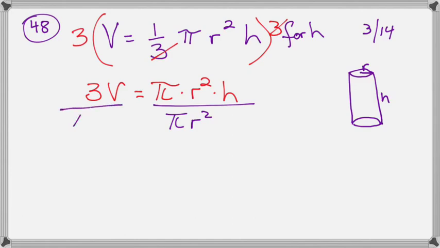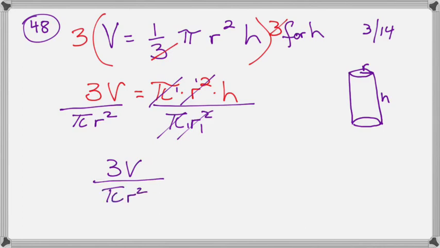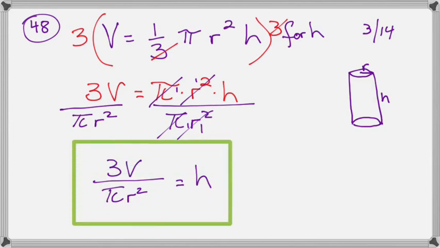On the other side, I'm dividing the pi and the r squared. So now these pi's are gone. We ate them. The radiuses are gone. Well, they are not gone, they reduced to 1. And our final answer is 3V over pi r squared equals h. And we just rearranged our formula.